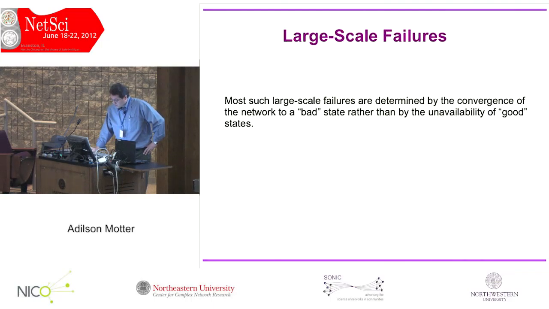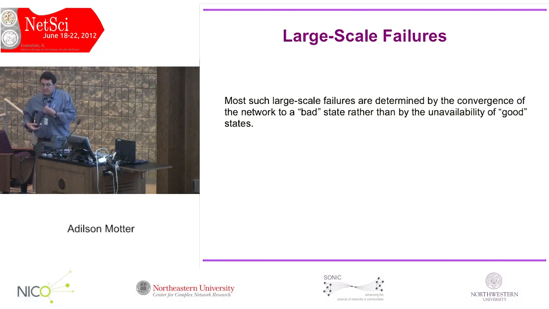All right, so putting together the pieces, the picture that emerges here is one in which most of the damage is not caused by the primary perturbation, it's actually caused by the propagation of its consequences, you could say. In terms of dynamical systems, what that means is that your system is converging to a bad state.